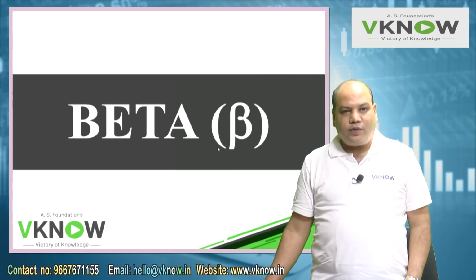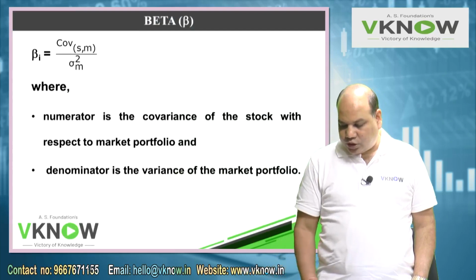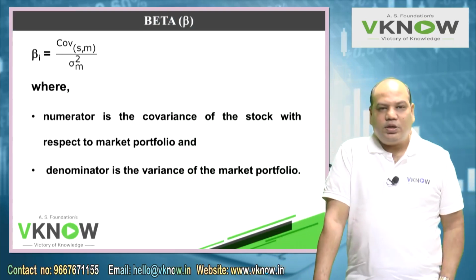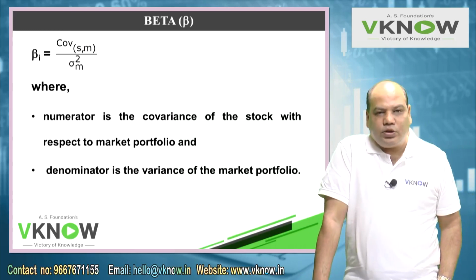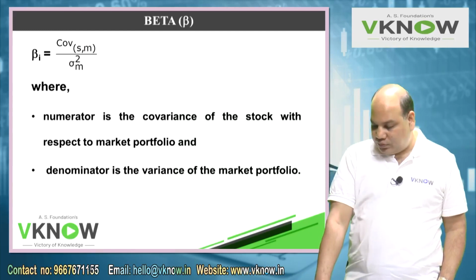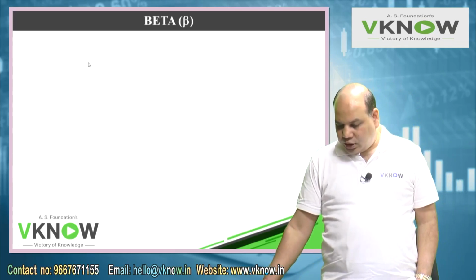Next is the formula for beta. This chapter has a lot of focus on beta. The meaning of beta is the ratio of covariance of the stock or portfolio with the market upon the variance of the market portfolio. And from this formula you will derive the other formula.